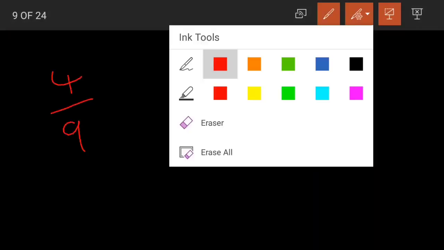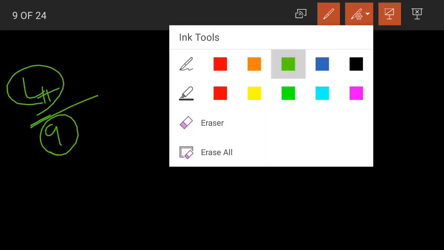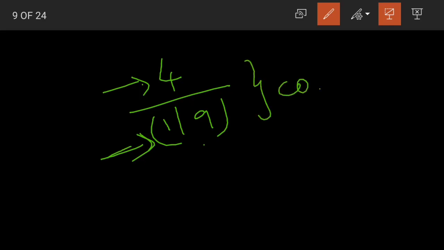Say 4 by 9. 4 by 9 becomes our simple fraction where both the numerator and denominator are whole numbers. Now what if I write like this? The numerator is 4 but the denominator is 1 by 9. The numerator is 4 and the denominator is yet another fraction, that is 1 by 9. In this case, it becomes our complex fraction.